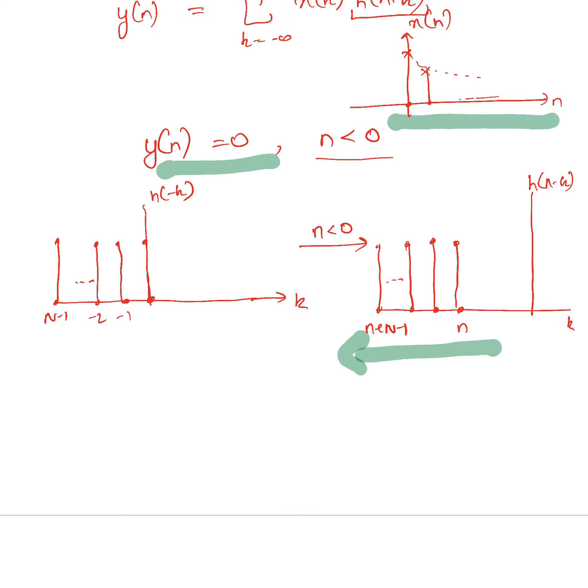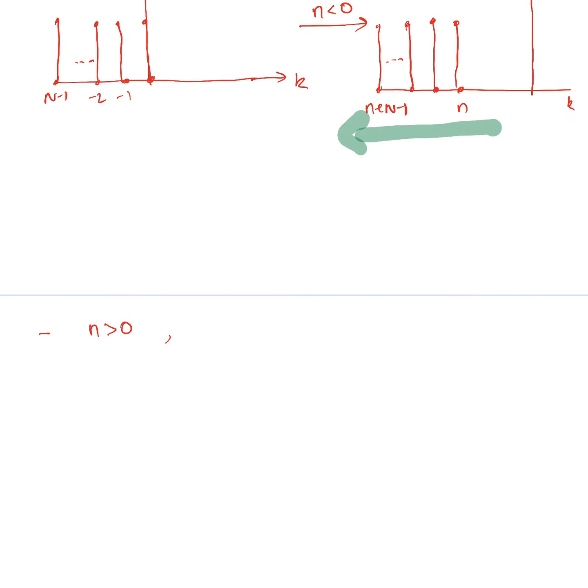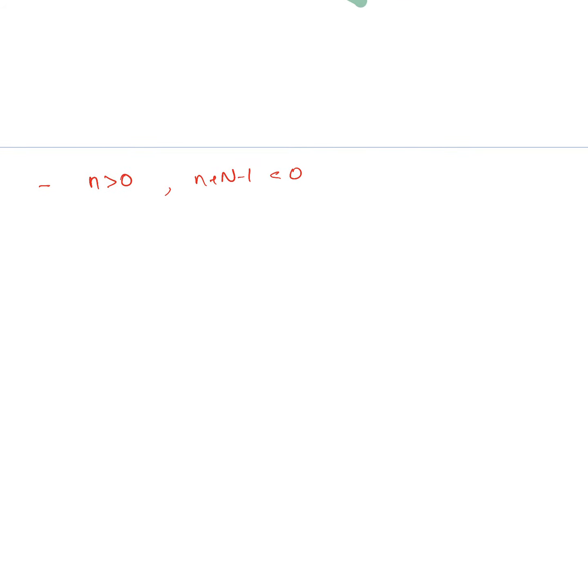Okay, so now consider another case. Let's say we have n greater than 0, and what we are doing is taking this as n equal to 0, and n plus n minus 1 is still negative. So in that case, let's see how your h of n minus k looks like.